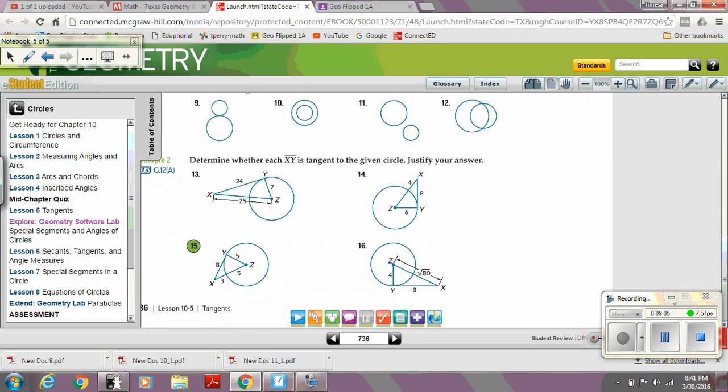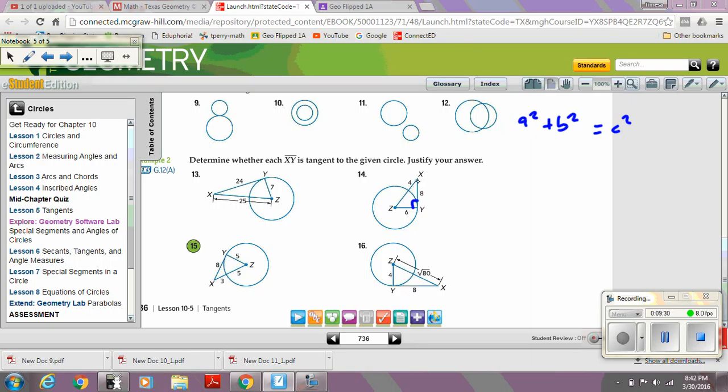Number 14 is very similar to number 2. We've got to prove Pythagorean's theorem. So again, a squared plus b squared equals c squared. So we're trying to prove if xy is the tangent, so that means there would be a right angle here.